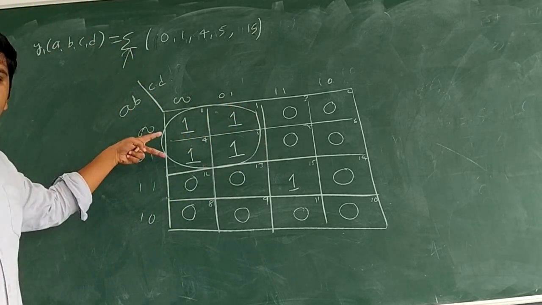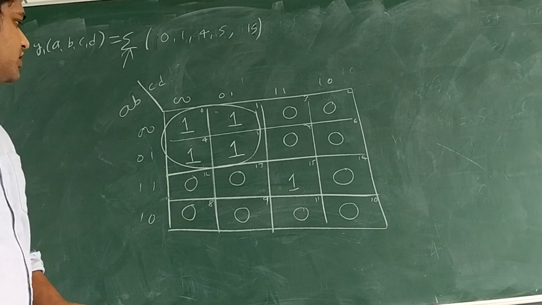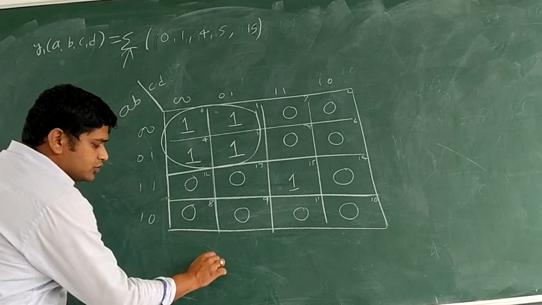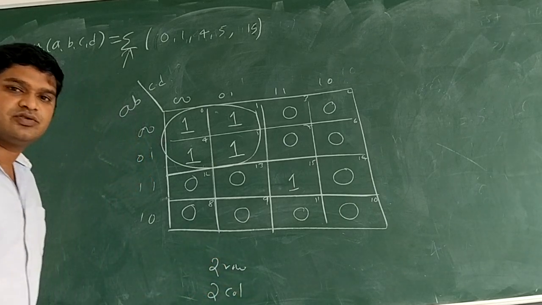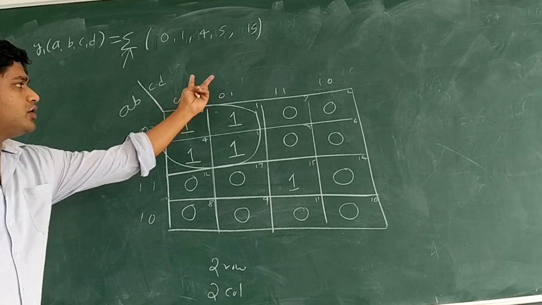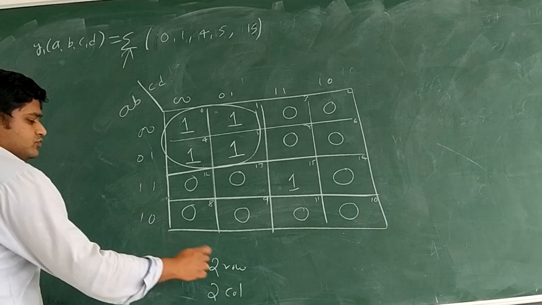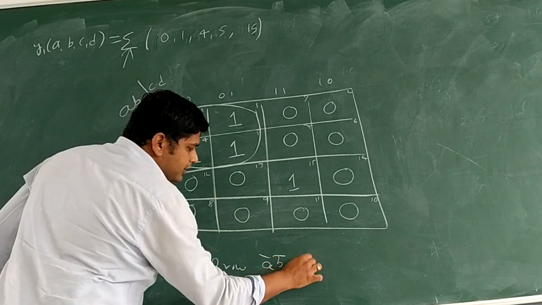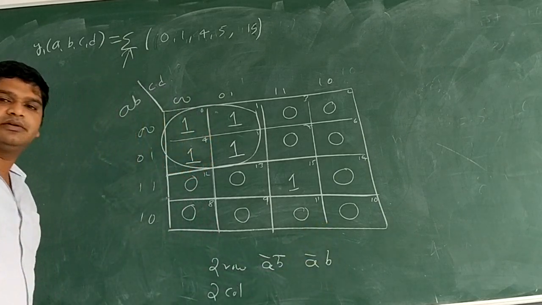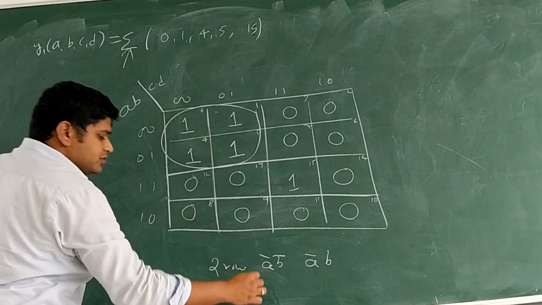So now, in this cover, how to write the function? See, there are 2 rows and 2 columns. What are the rows? A bar B bar, and A bar B. What are the columns?